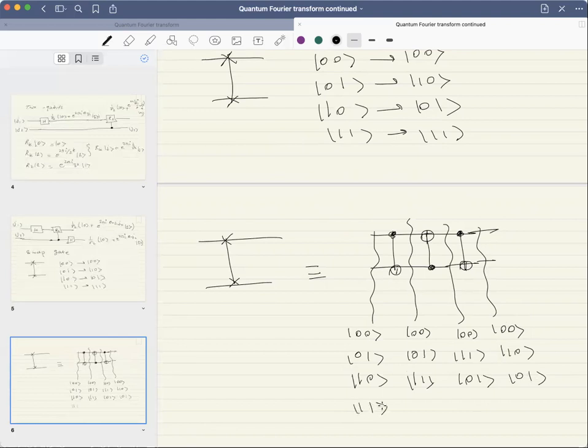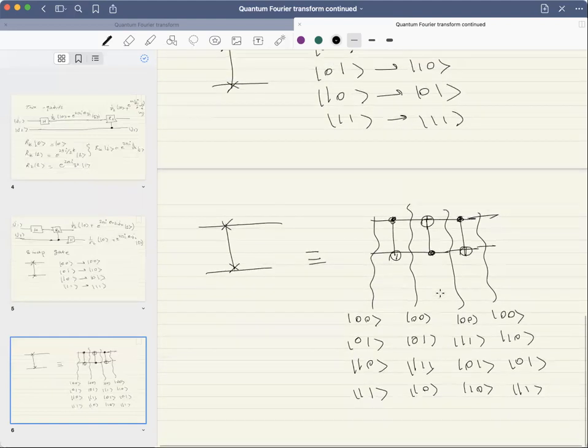If I send 1, 1, so 1, 1 goes here, goes to 1, 0. Now the second one is 0, so nothing happens. 1, 0 remains 1, 0. And now the first one is 1, so that flips the second one, gives me back my 1, 1. So that's a swap gate. It's commonly used. It has this decomposition in terms of 3 C-naughts.